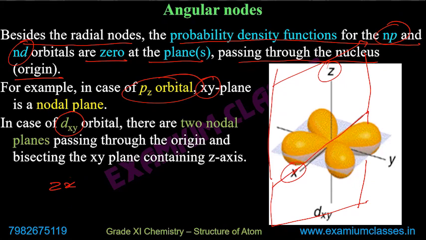Sir, can you please explain this again? Yes, I am explaining that. So in this case, if you have Z and X, this plane is actually like this.